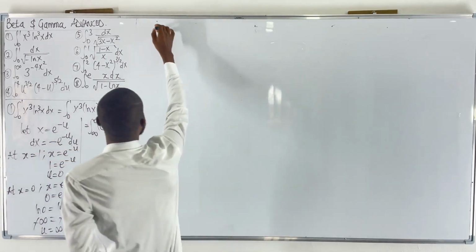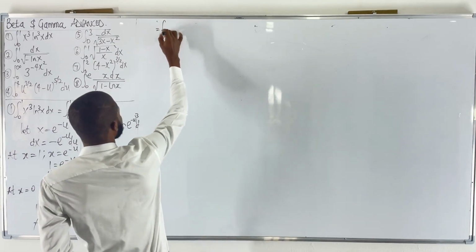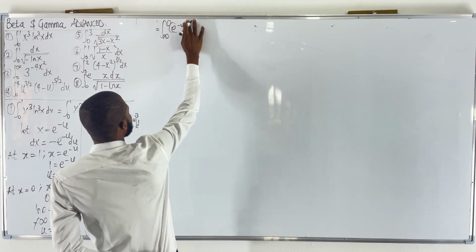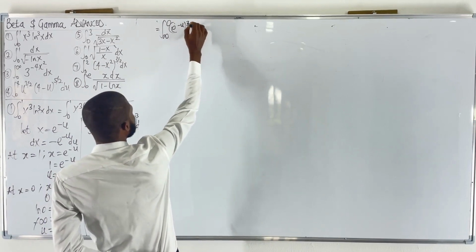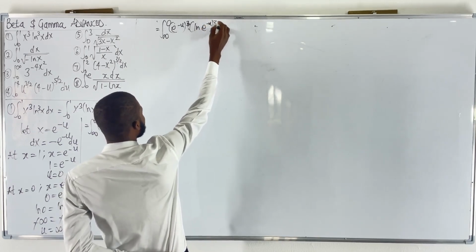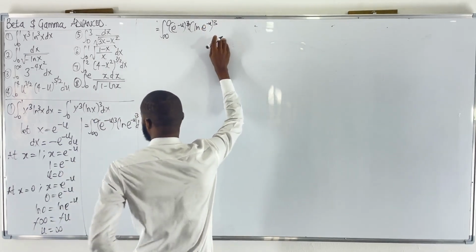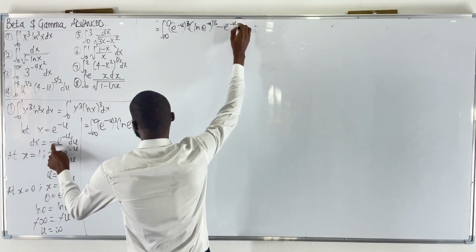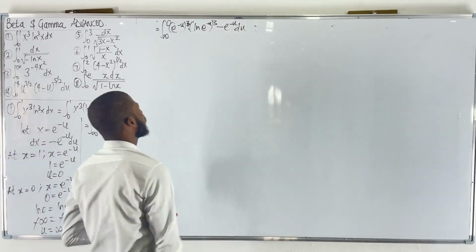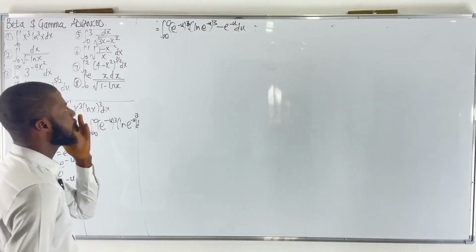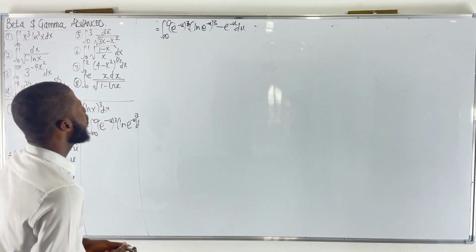So we have three ln e to negative u cubed. Then dx is minus e to minus u du. Okay, I think that's actually much better. So, what do I notice?